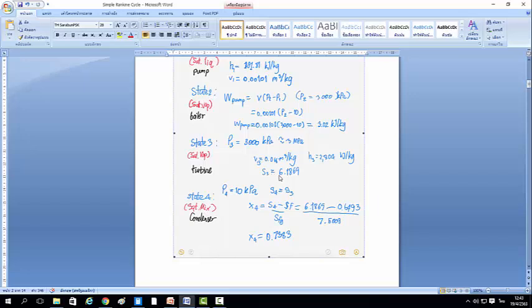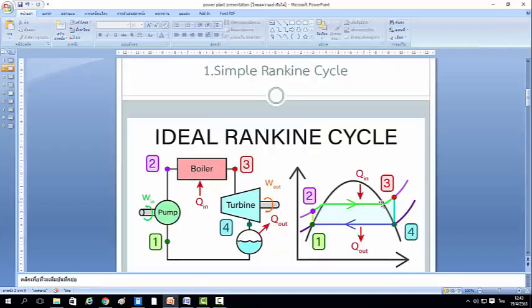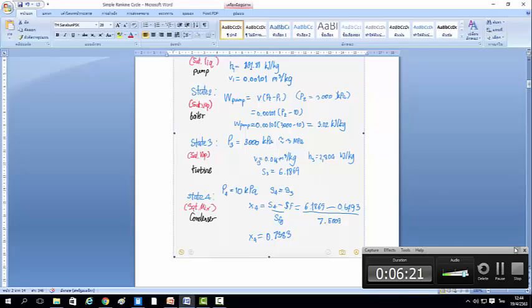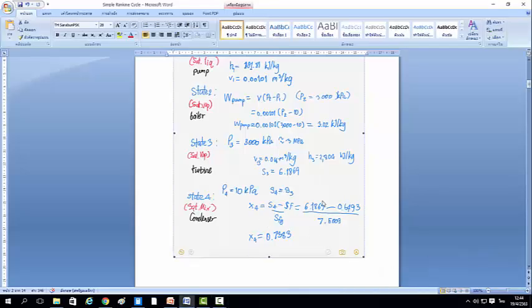S4 you can find from S3 because it's the same: from 3 to 4 is the same entropy. You can see it because it's an isentropic expansion in the turbine process. So we can get it easily, then substitute and get the quality.